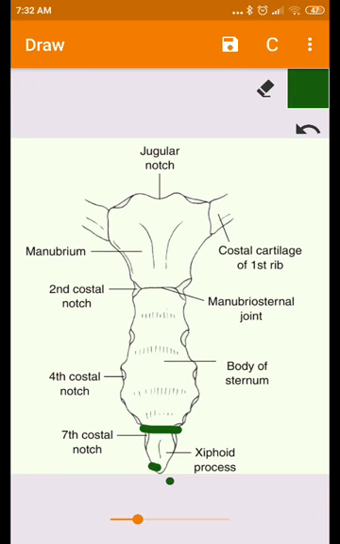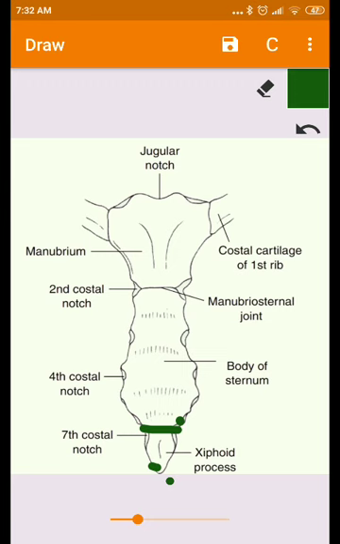This joint tends to ossify at about 40 to 50 years of age, and it also forms an angle dorsally with the body of the sternum, but it is placed very deeply, and palpating the xiphoid process is somewhat more difficult than palpating the other parts of the sternum. This is about the manubriosternal and xiphisternal joints.